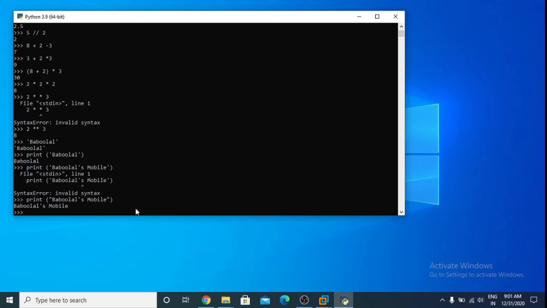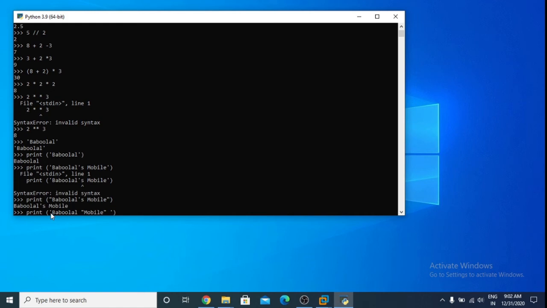Now we try any other string like single quote and double quote both.